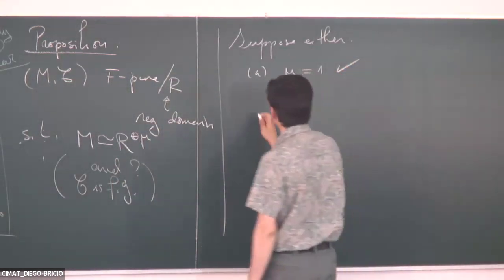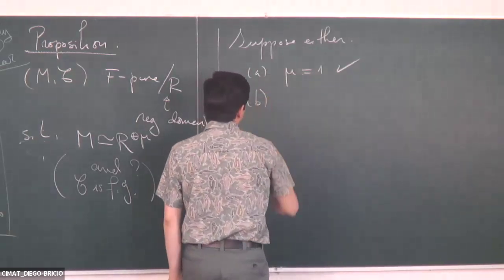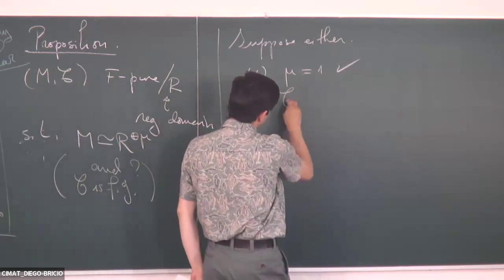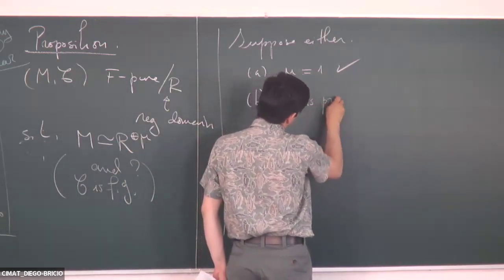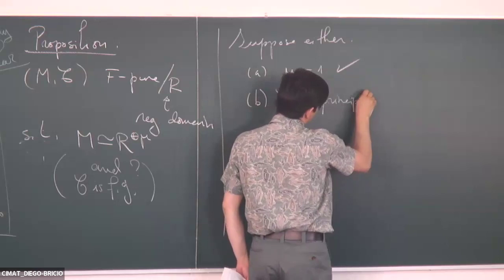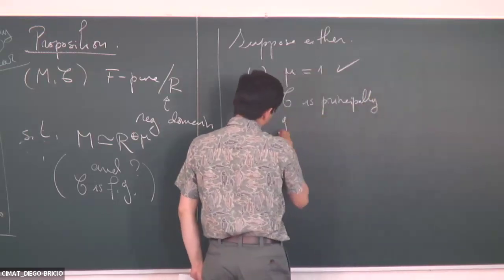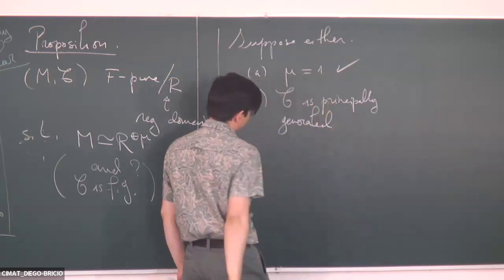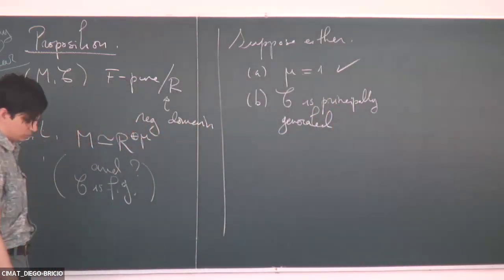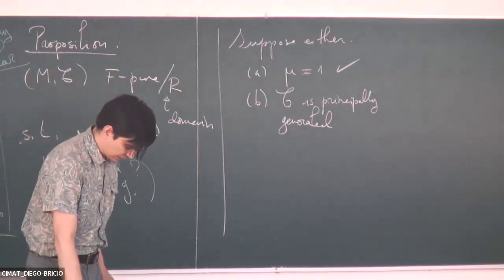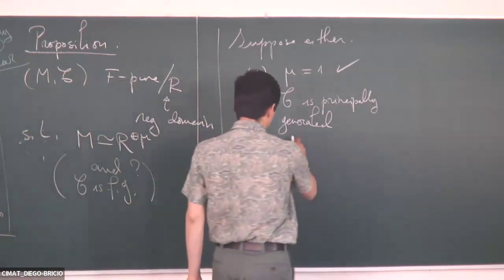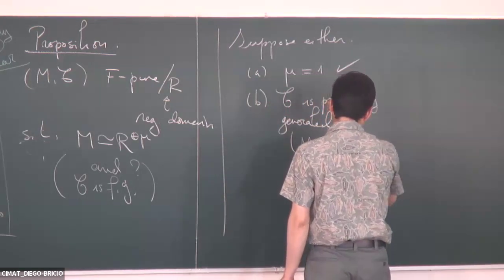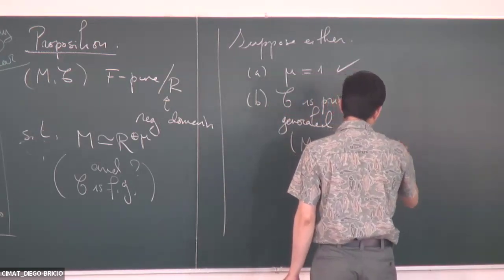Or B, let us suppose that C is principally generated. So this is the case in which we have a Cartier module of the form M, comma, P, and so on.